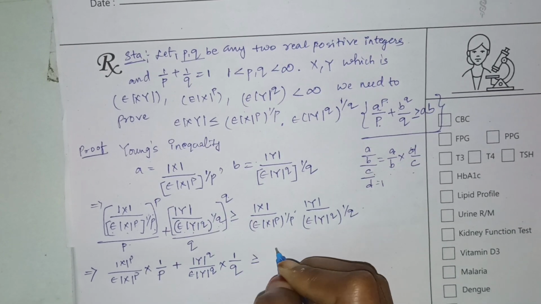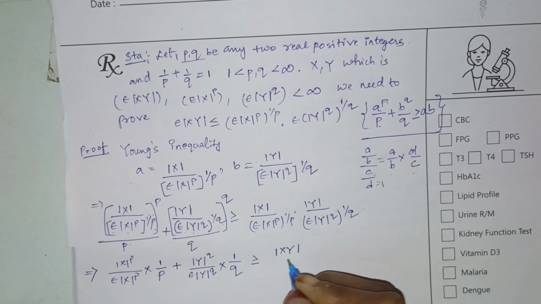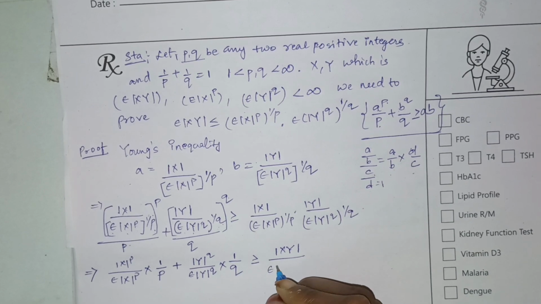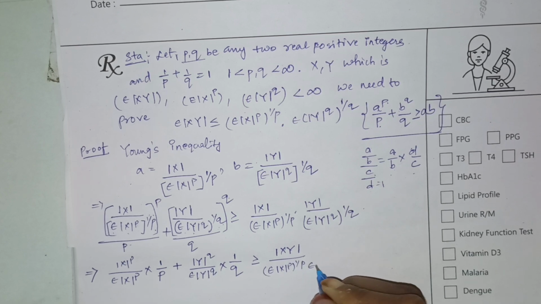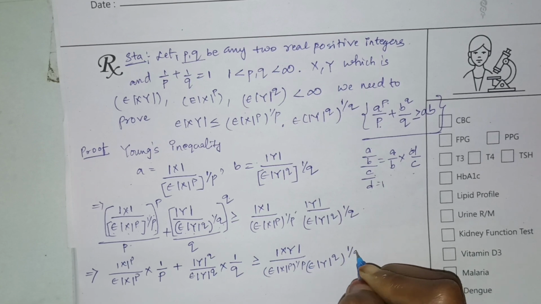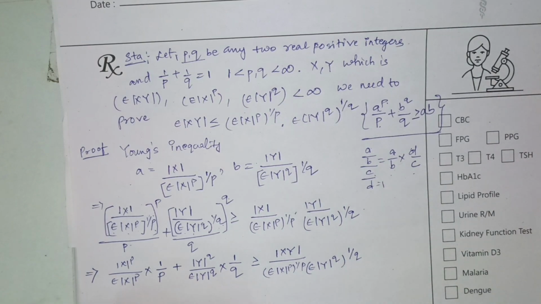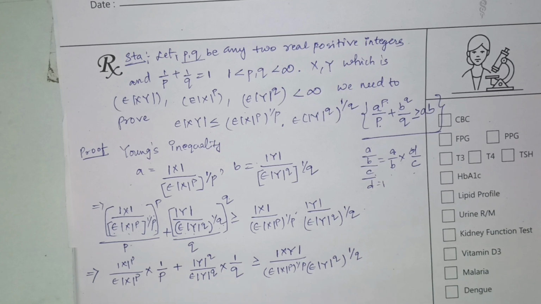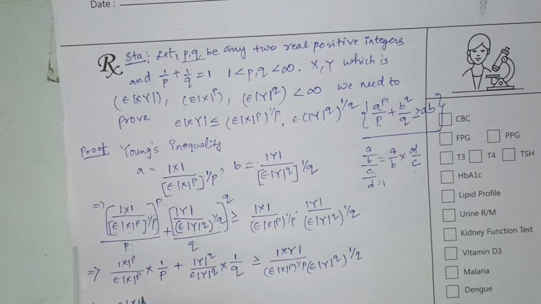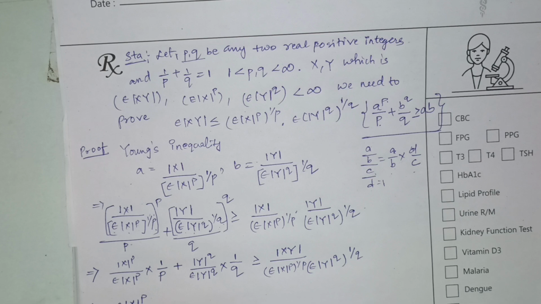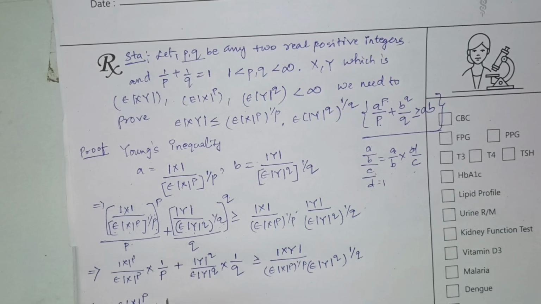Greater than or equal to mod xy divided by (expectation of mod x to the power of p) whole to the power of 1 by p into (expectation of mod y to the power of q) whole to the power of 1 by q. Now apply the expectation on both sides. Then you get expectation of mod x whole to the power of p by expectation of mod x to the power of p into 1 by p.